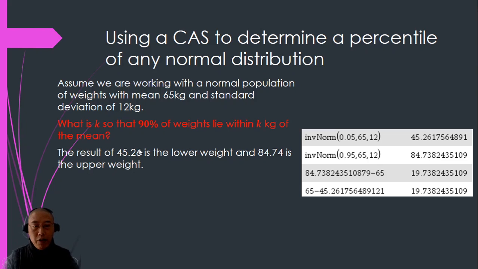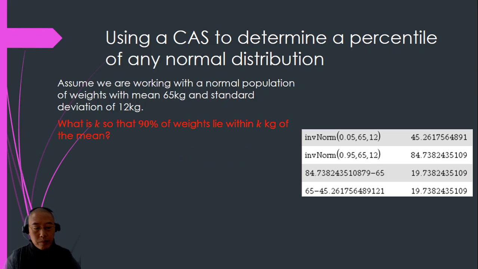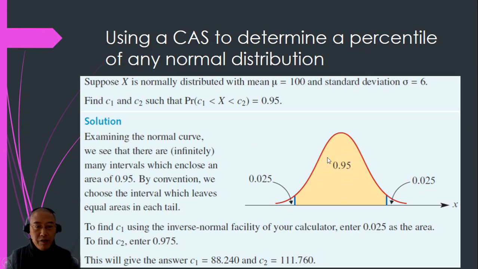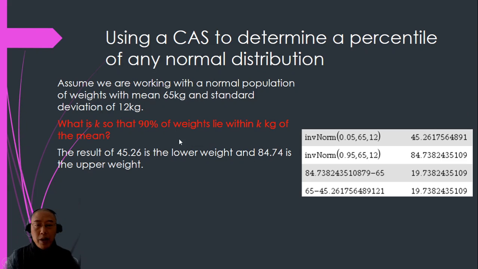So from before, from the previous, you have 95%, you have as a complement 5%, so you're going to have 2.5% on the left and 2.5% on the right. Now you have 90%. What it means is you have a complement of 10%, so you're going to have 5% on the left and 5% on the right.